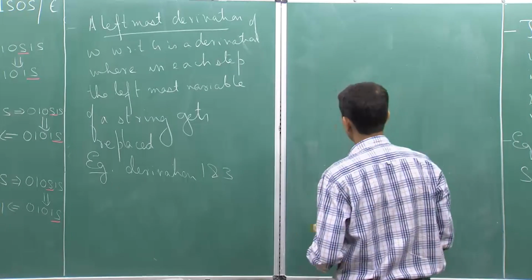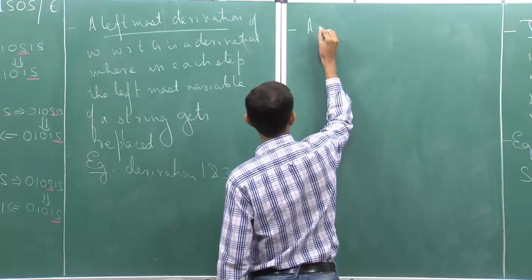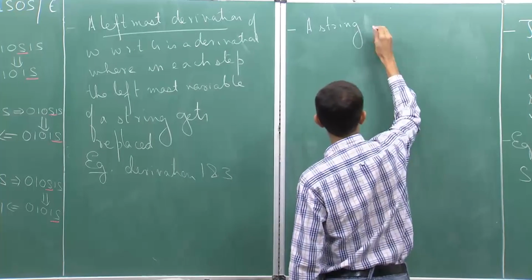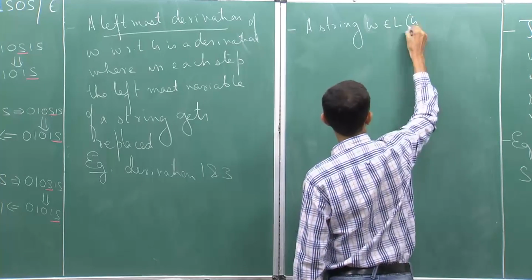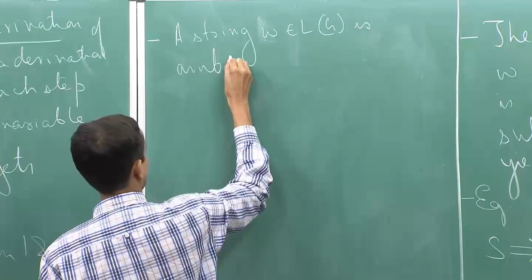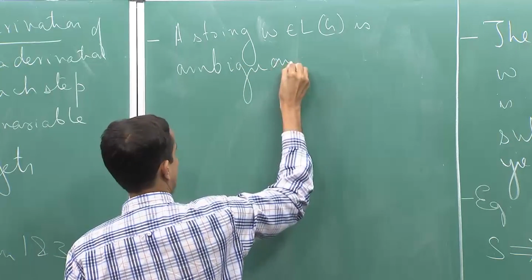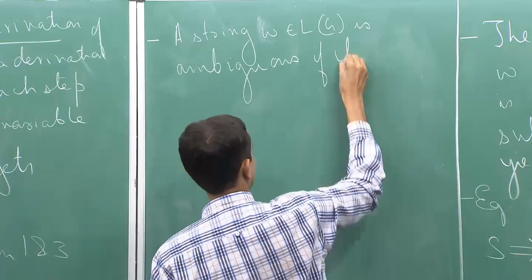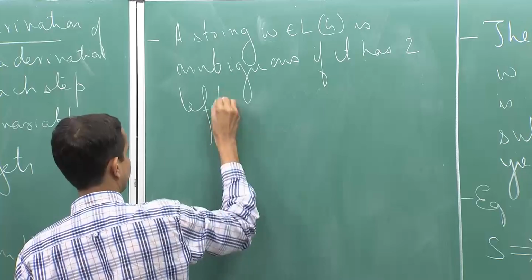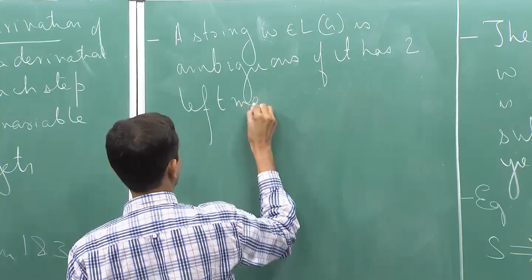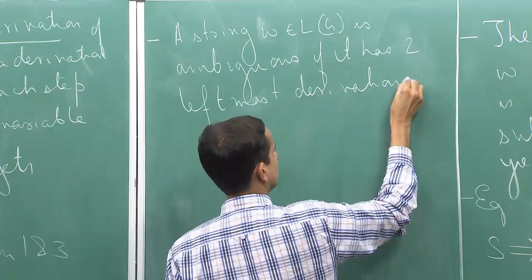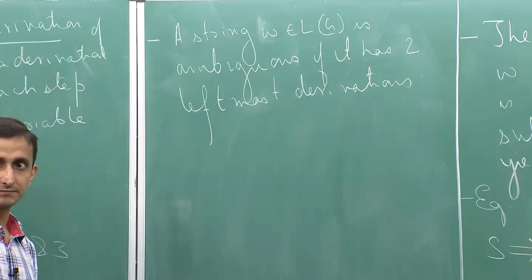Now we say that a string w belonging to L(G) is ambiguous if it has two leftmost derivations.